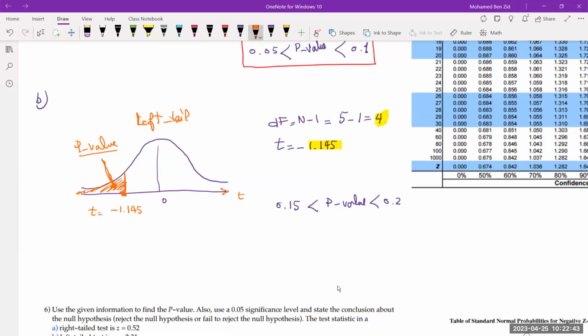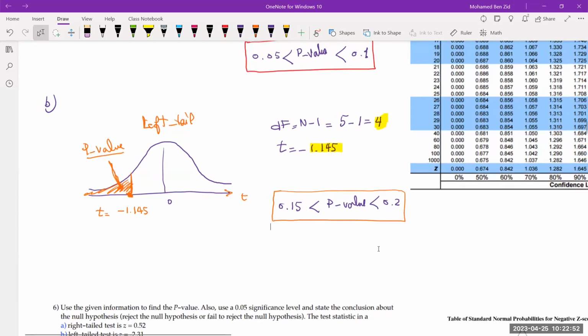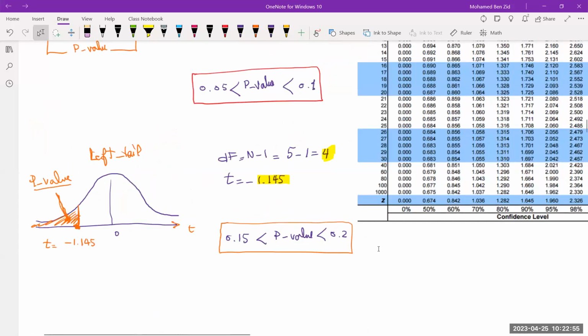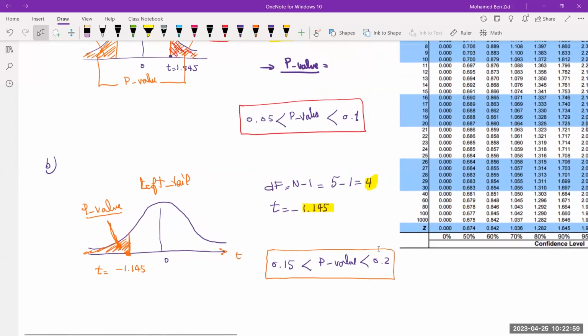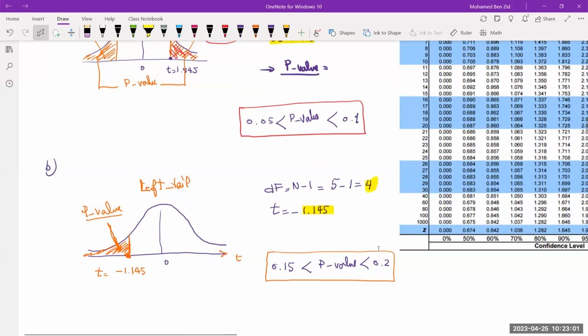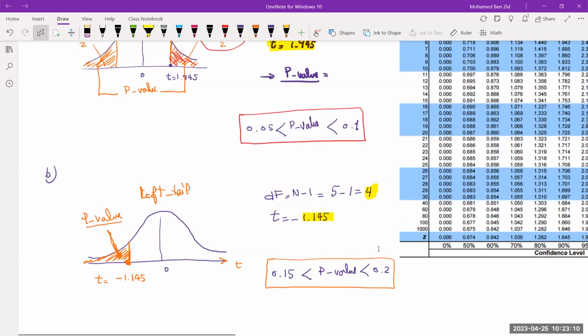And that's your answer. That's going to be the p-value. Again, the table is not really precise. With the calculator, there is a way to find the exact p-value. But for the table, that's the only thing you can do: you can just box the p-value. If it happens that you match exactly the same number on the corresponding degree of freedom, then you take that value. Otherwise, you always have to box it, right?